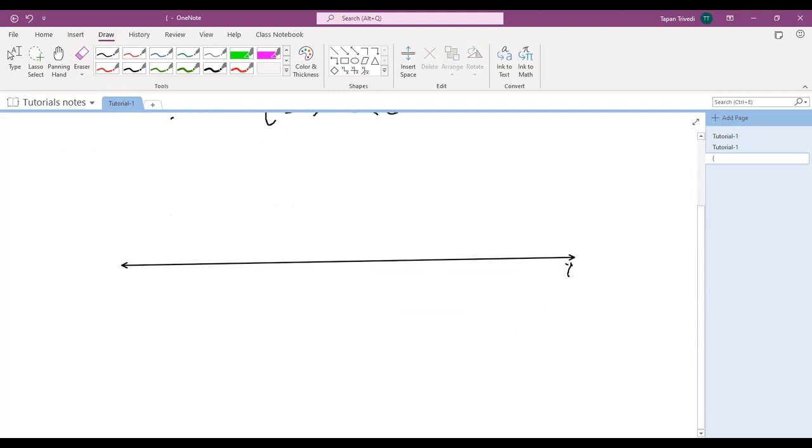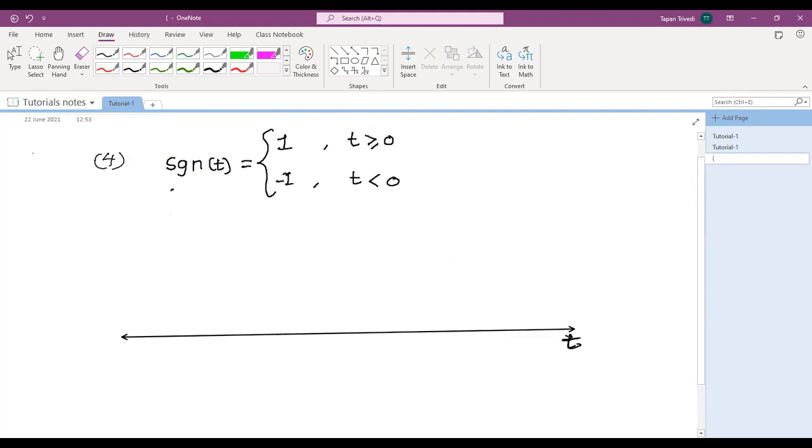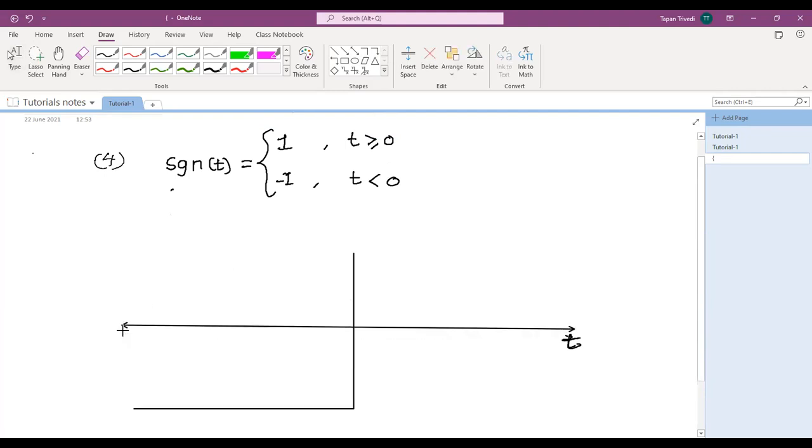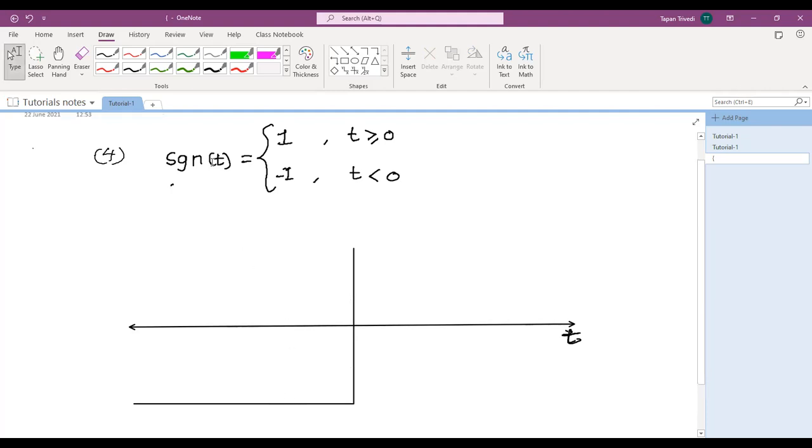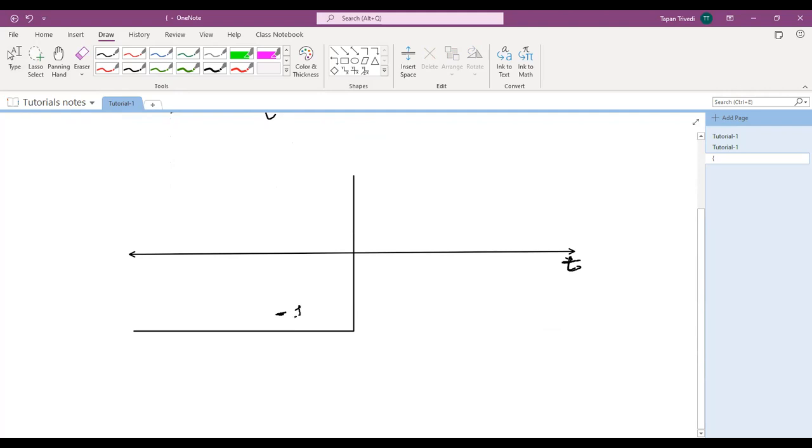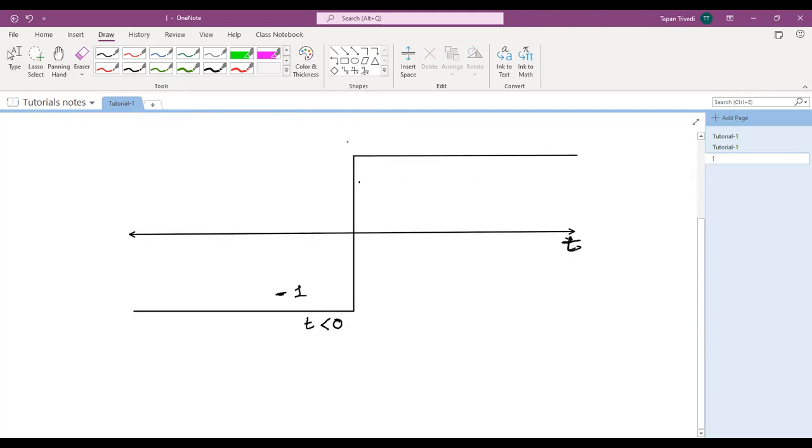Okay. So basically, if you have time t on the x-axis, then the signum function will have a value of -1 for t less than 0, and it has a value of 1 for t greater than or equal to 0.